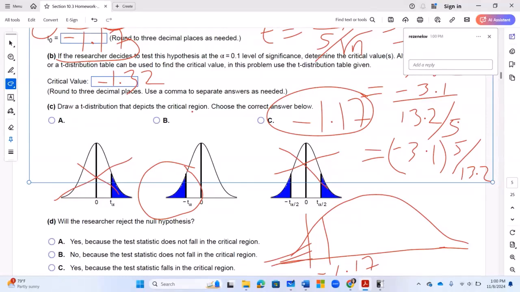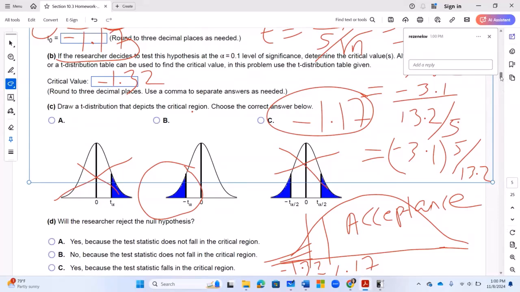That is the critical value, negative 1.32. Therefore, the test statistic fell into the acceptance region. This is the acceptance region. And when my test statistic falls into the acceptance region, I will accept the null hypothesis.